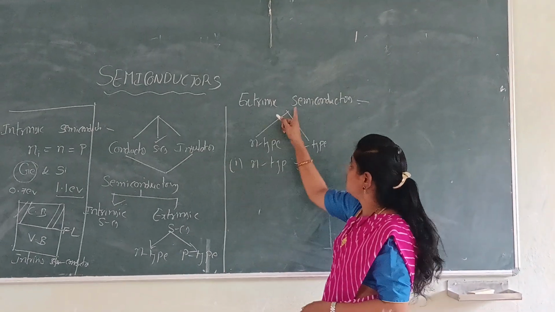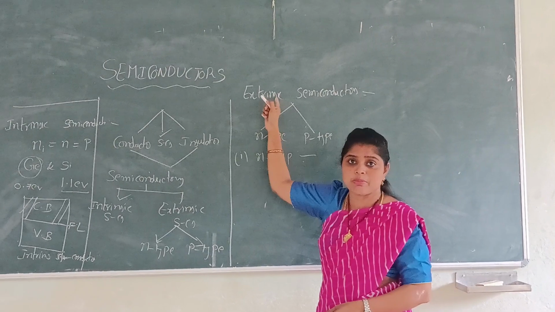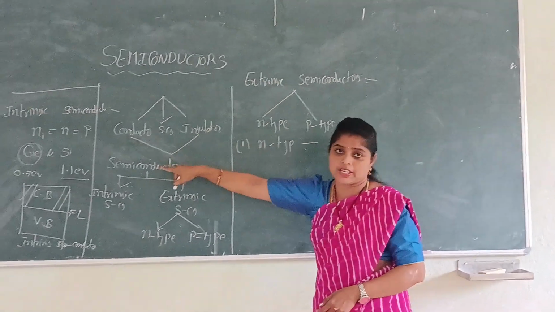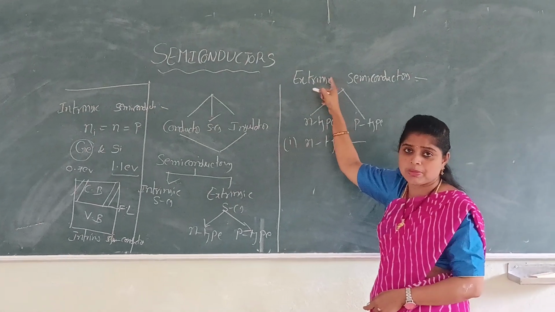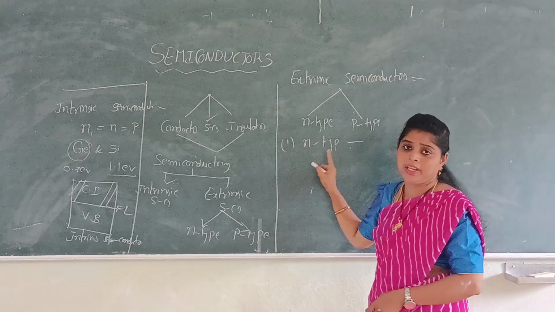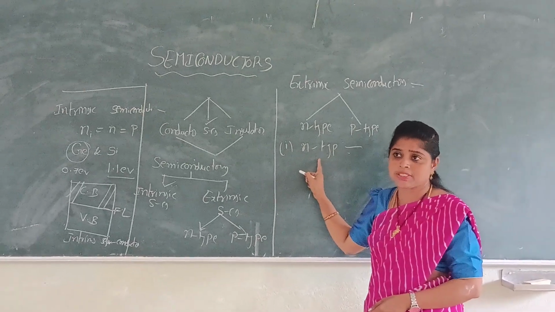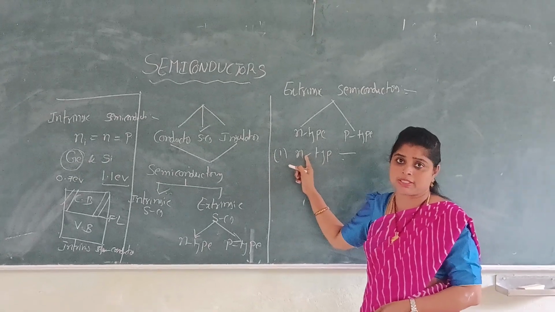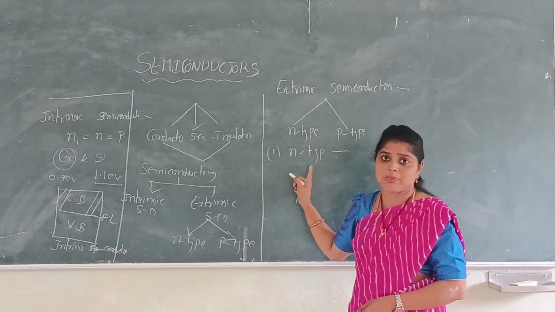What is meant by extrinsic semiconductor? When impurities are added to the pure semiconductor, it is known as impure semiconductor or extrinsic semiconductor. What is meant by N-type? When pentavalent impurities are added to the pure semiconductor, it is known as N-type semiconductor.